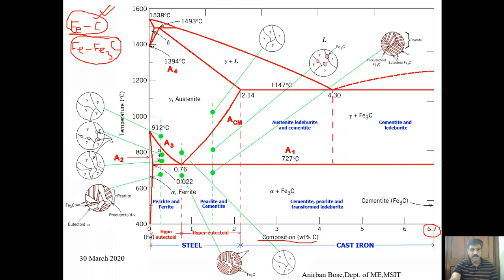Similarly, in the iron carbon system, at 6.7% carbon, one intermetallic phase is present, and this line corresponds to that intermetallic phase.